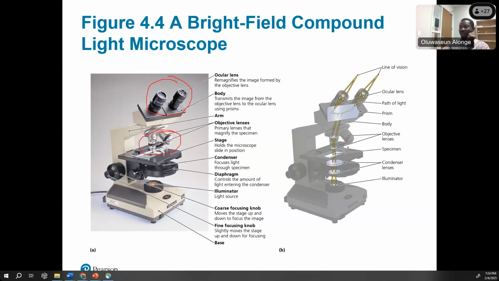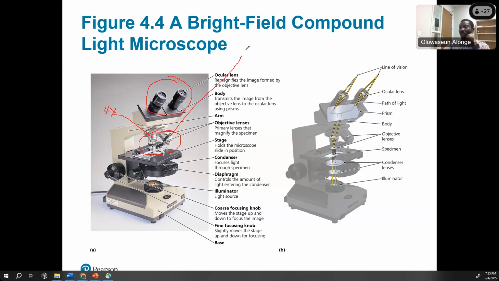Because of that, these are 4 lenses here. We have the scanning lens, the low power lens, the high power lens, and the oil immersion. The scanning has the power to magnify 4 times.